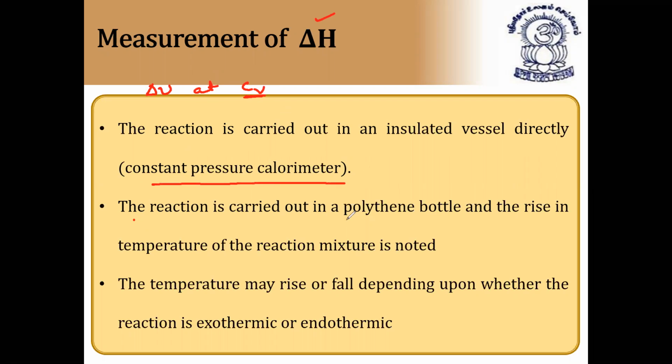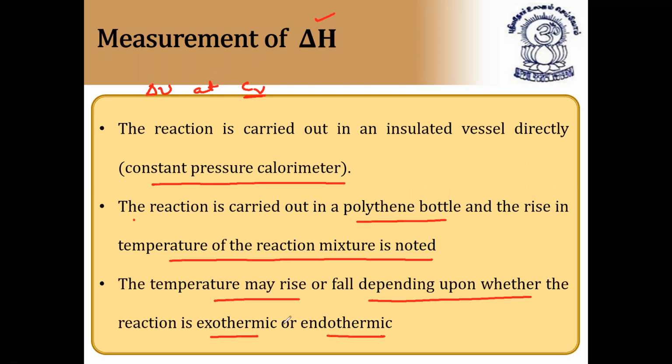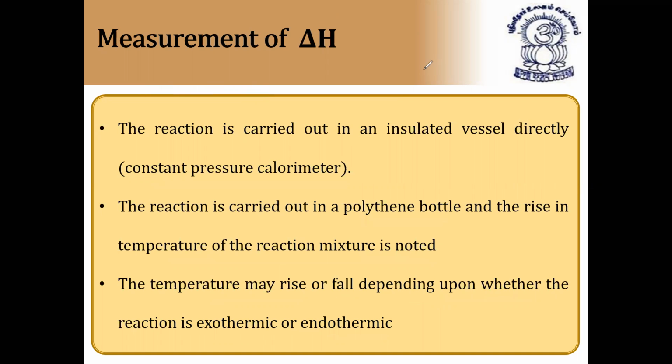The reaction is carried out in a polythene bottle and the change in temperature of the reaction mixture is noted. The temperature may rise or fall depending upon whether the reaction is exothermic or endothermic. I hope it is clear.